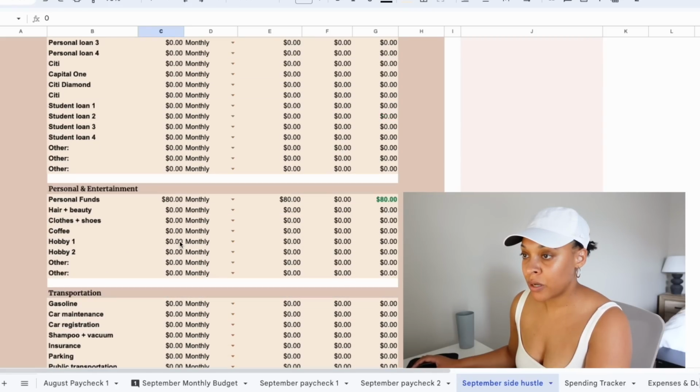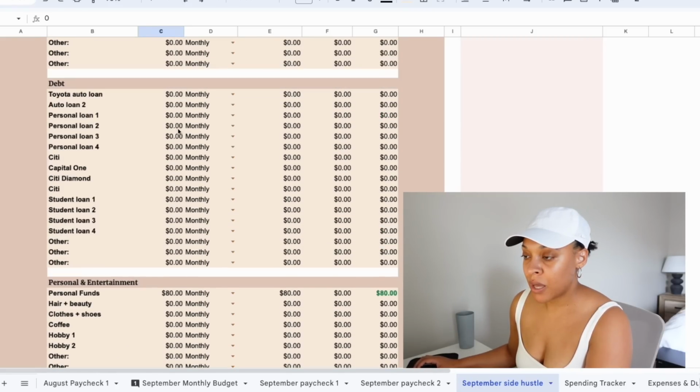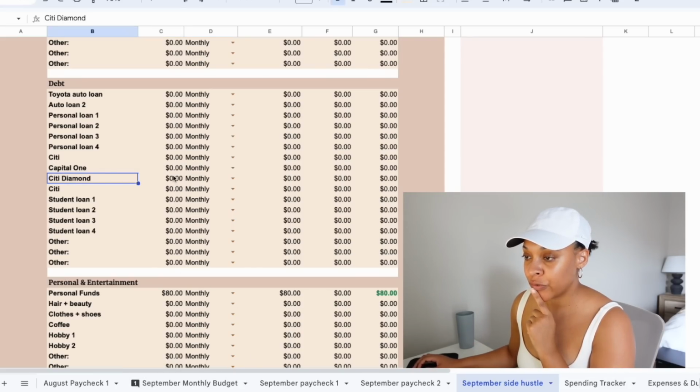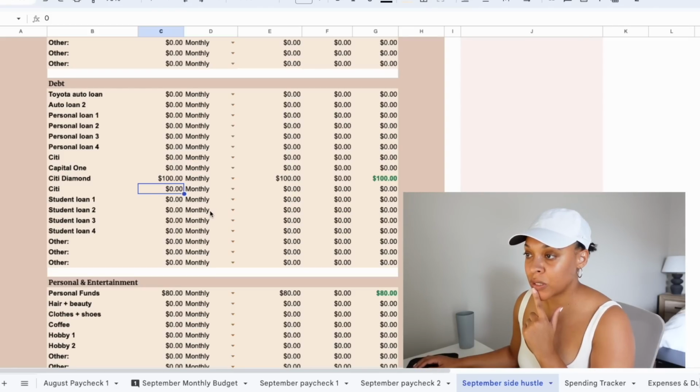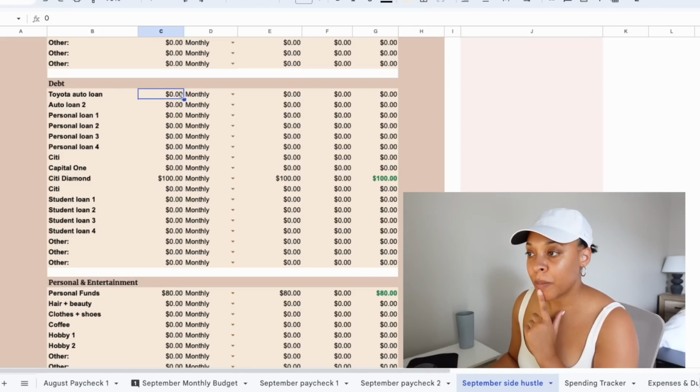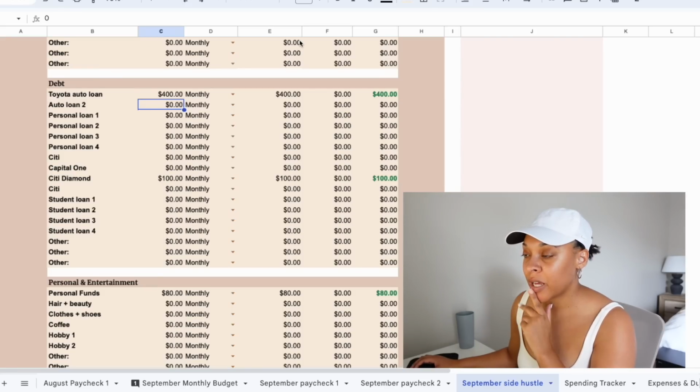So next up, I did have an additional $100 that I needed to budget for my city card. So I'm going to pull that out. I do pay my auto loan from my side hustle income, not my 9 to 5. So that's $400.